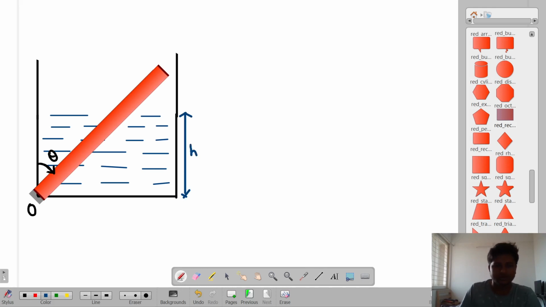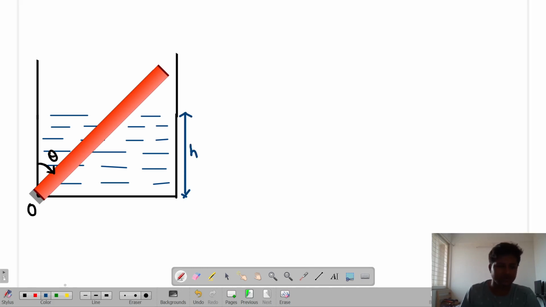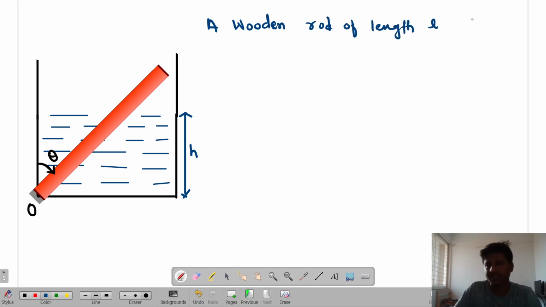Okay. The question is, let us write the question fast. The question is, a wooden rod of length L and density sigma, such that sigma is less than rho.